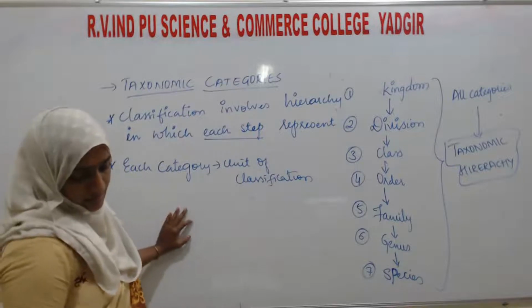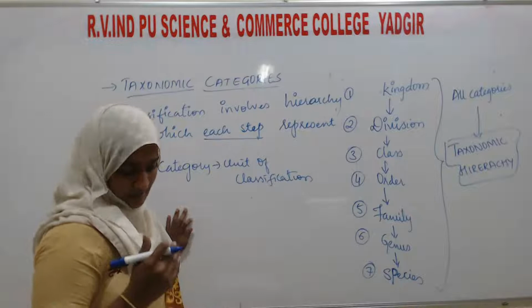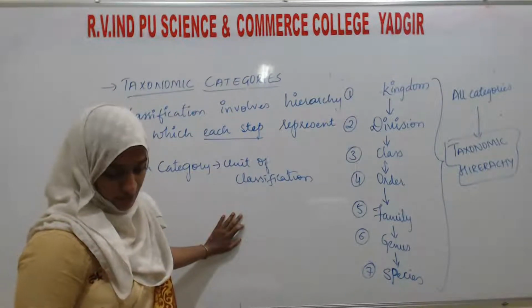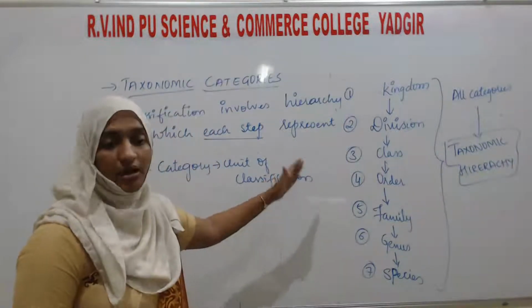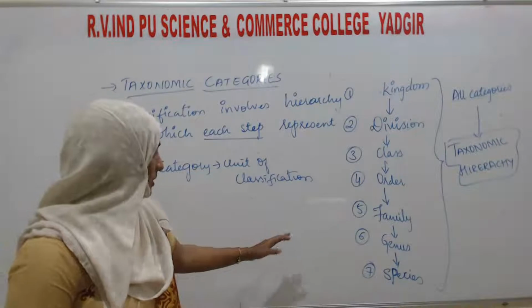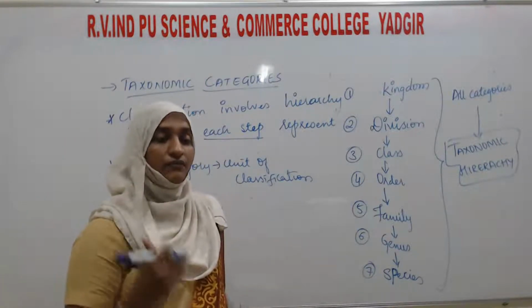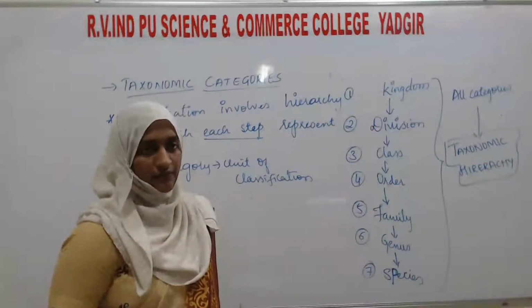Each taxon in fact represents a unit of classification. These taxonomic groups or categories are distinct. They are different, they are not similar. On this basis only, all the living organisms have been classified.